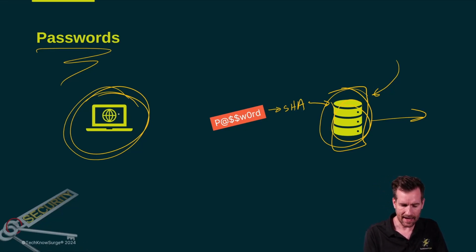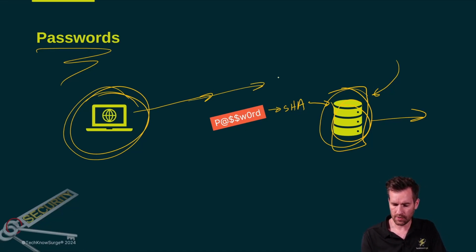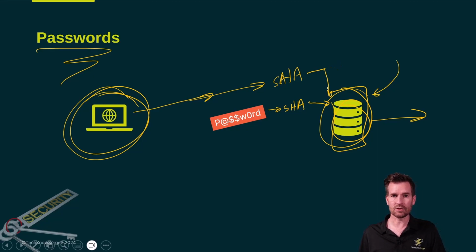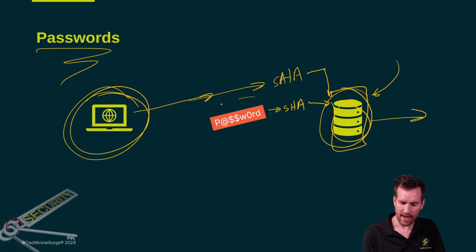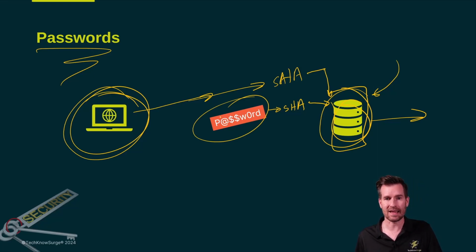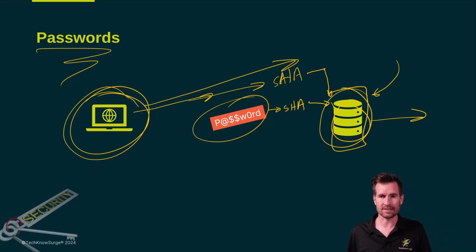The next time this user sends their password, we're going to also put that through SHA, and then we will get a unique fingerprint, and we'll compare that to what we have on the database. If the two fingerprints align and are the same, we know that the passwords are probably the same as well. And so then this person will have been authenticated and be allowed on the system.